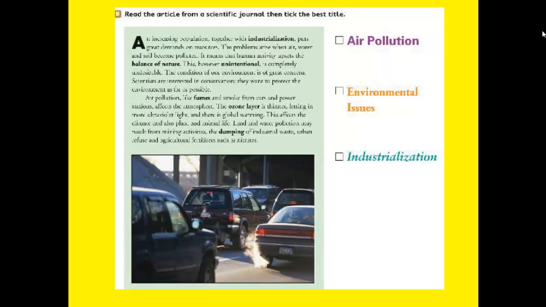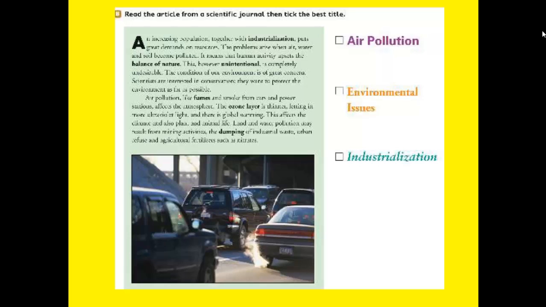This affects the climate and also plant and animal life. Land and water pollution may result from mining activities, the dumping of industrial waste, urban refuse, and agricultural fertilizers such as nitrates.